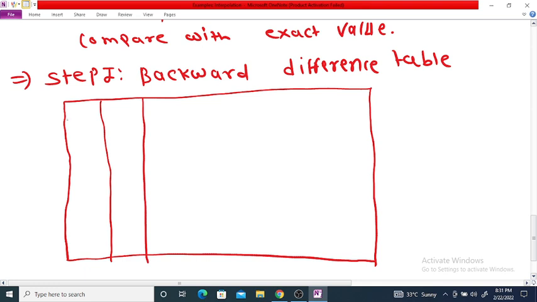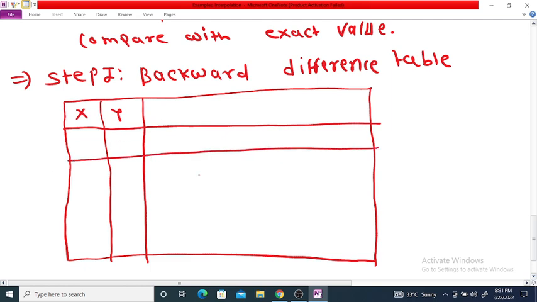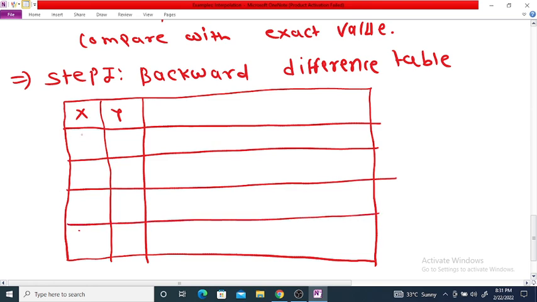The given 4 values of x, 1, 2, 3, 4, are 1.0, 1.5, 2.0, 2.5. The values of y are 2.7183, 4.4817, 7.3891 and 12.1825.